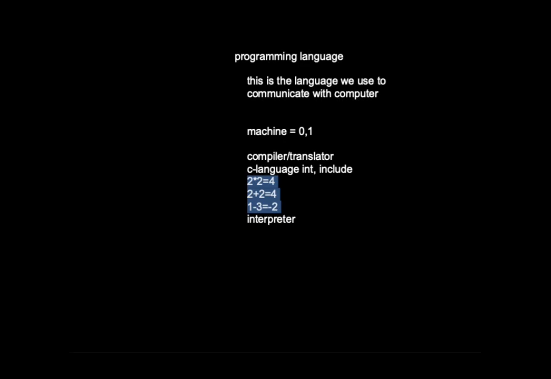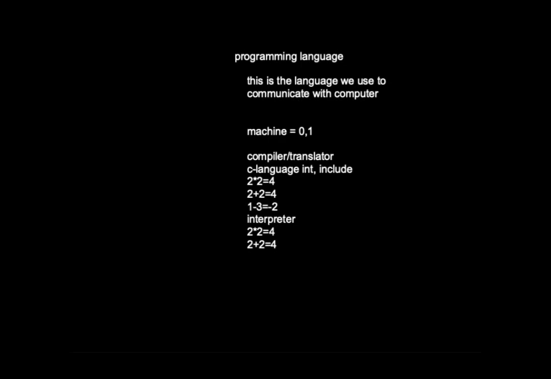So what interpreter does is take the first task and do it. It translates this first, then it looks again, takes the second one, and does it.